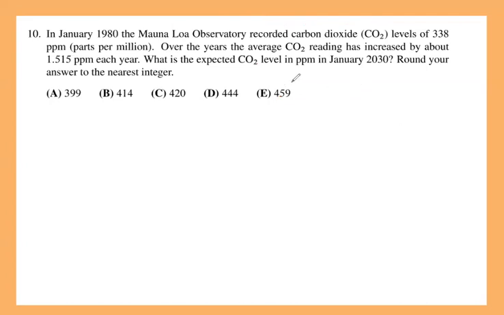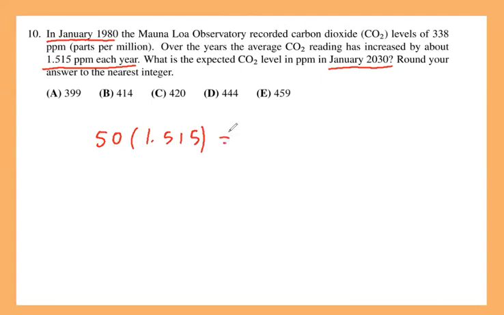What is the expected CO2 level in January 2030? Okay, so between this year and this year, there is 20 plus 30, which is 50 years. And each year, the CO2 level is increasing by this amount. So we should multiply this 50 by 1.515, right?